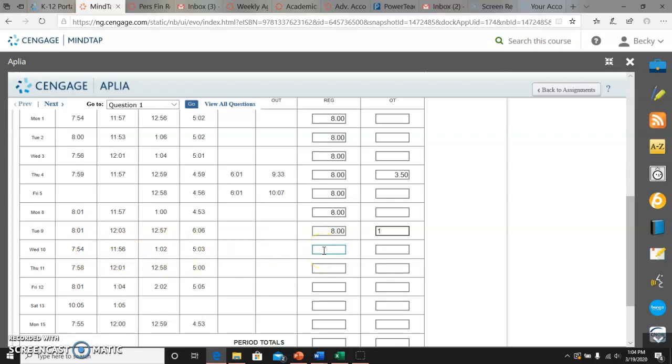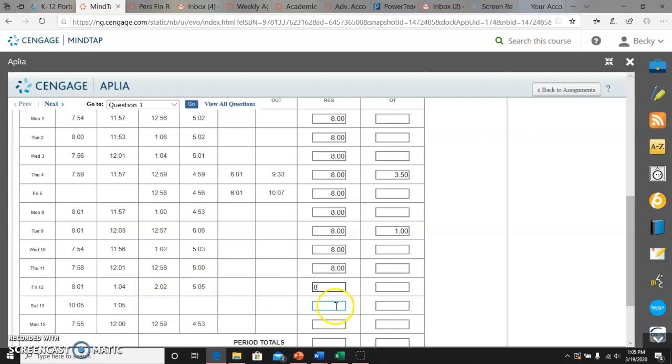we have 8 to noon and 1 to 5. Then on the 11th, we have 8 to noon and 1 to 5. And then on Friday the 12th, 8 to 1 and 2 to 5, which is still 8 hours.